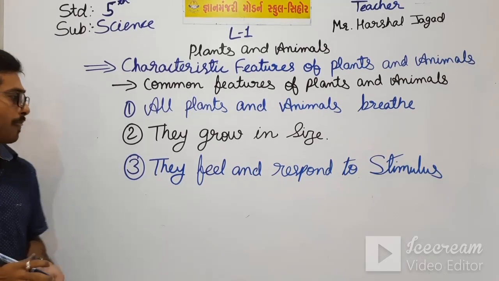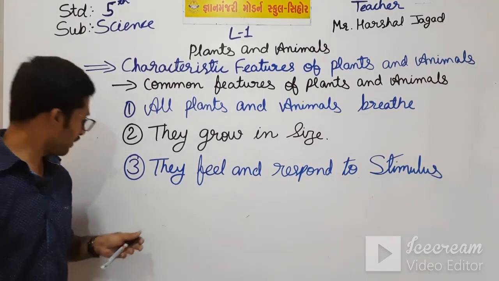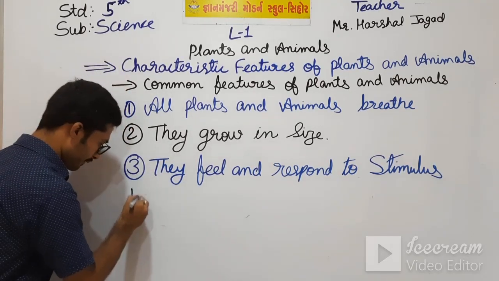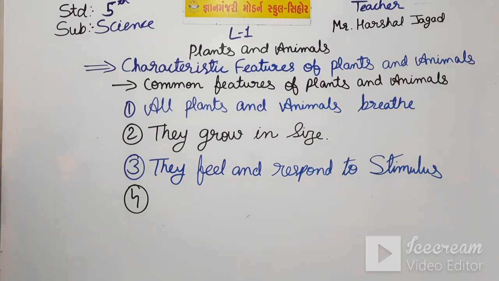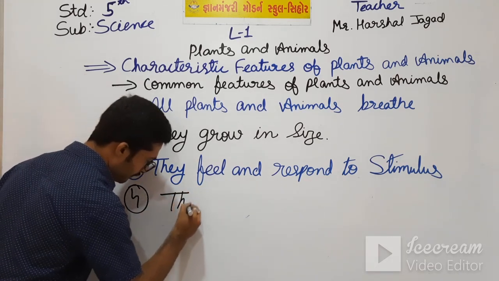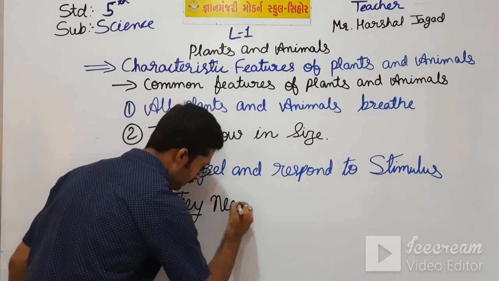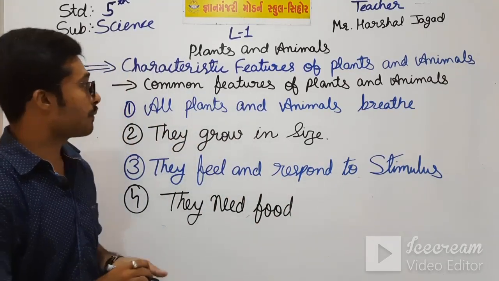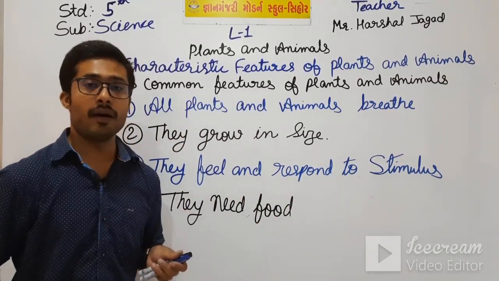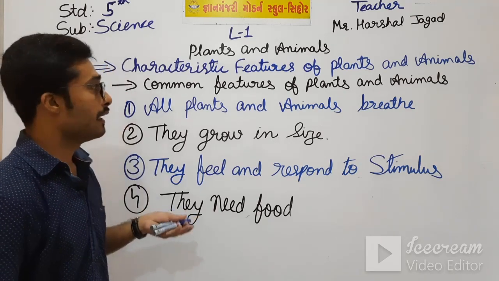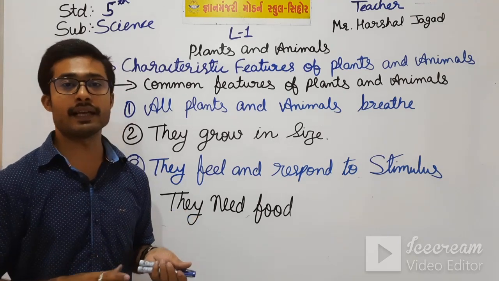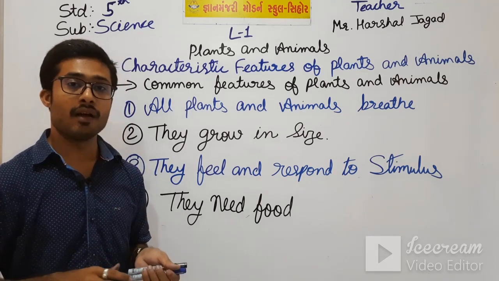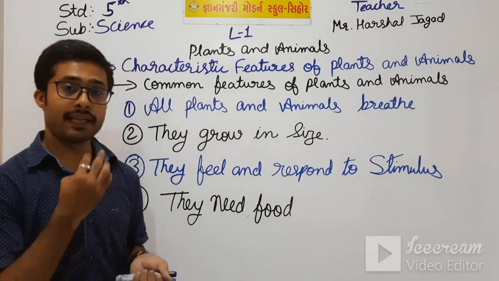Okay, so they also feel and respond. And the fourth point is they need food. So both plants and animals need food. Plants need water, and they take water from their roots, and nutrients from the soil, and animals take in food by their mouth.